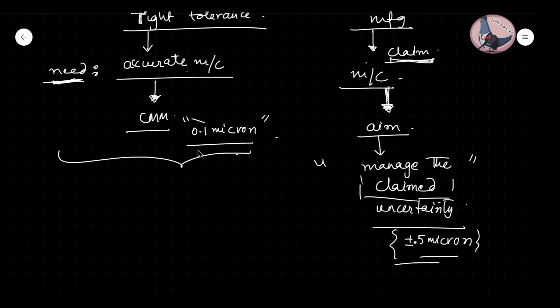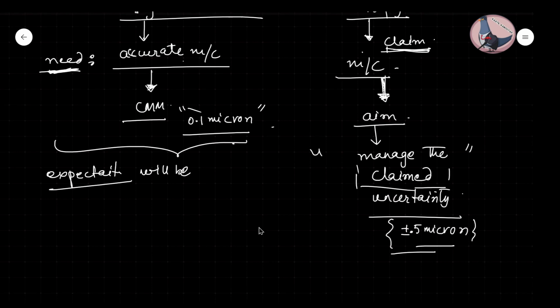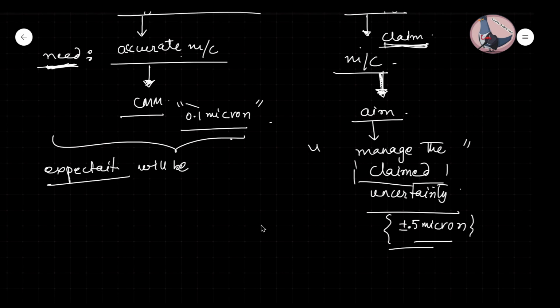And the user's expectation will be that whatever uncertainty the machine has, it should be well within his acceptable limits.